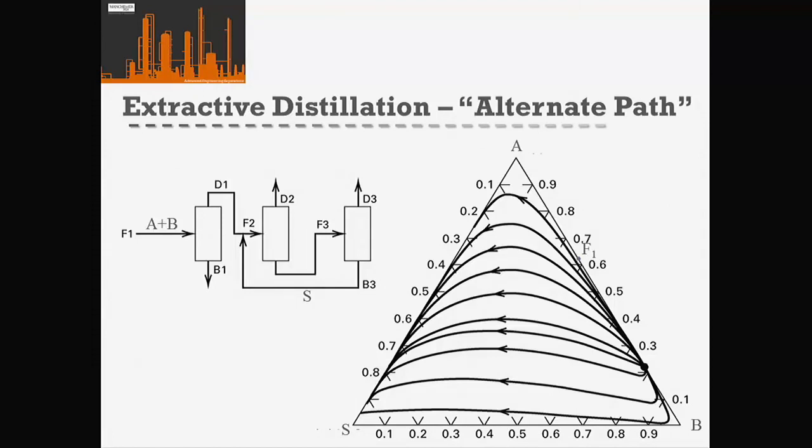So in that case, we have to think about our whole system as our ternary diagram system, okay? But we know that we can use this and the idea of our residue curves to look at that separation.